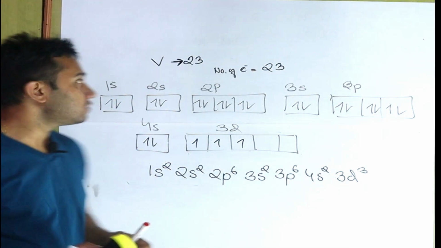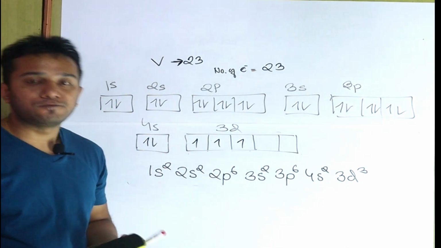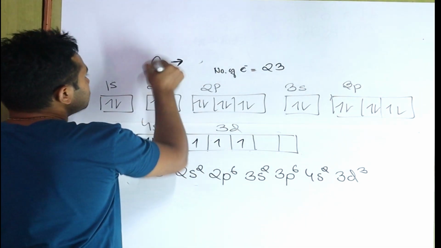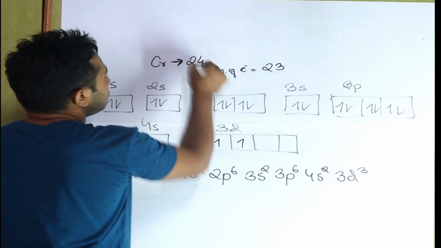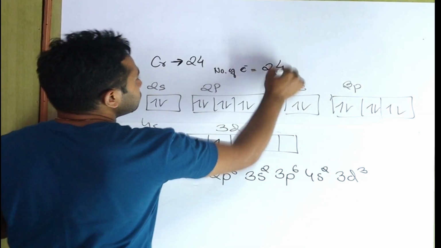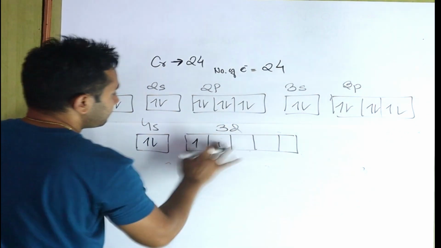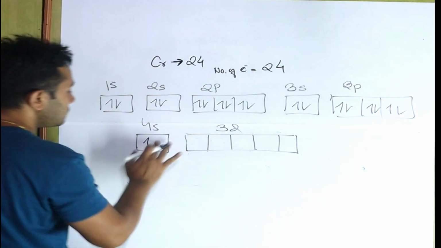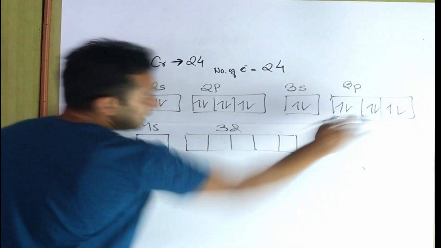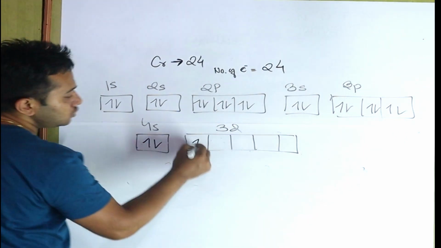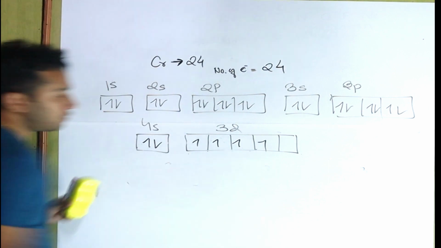So now we will try for atomic number 24, which is chromium. So out here we have chromium 24, number of electrons 24. So I'll just remove this one. So now I've already filled 18 electrons, so some more electrons are needed. 18, 19, 20, 21, 22, 23, 24.